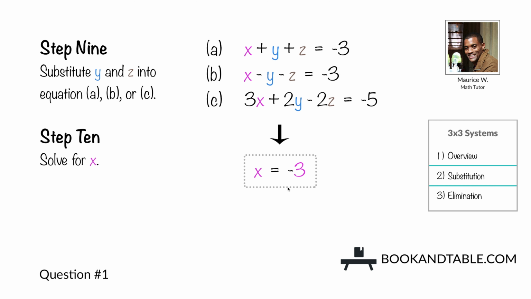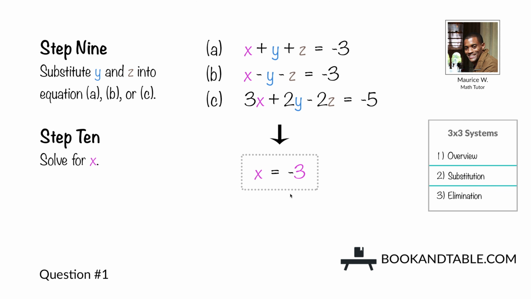If you substituted y and z into equation B instead, that would have given us x minus 1 minus negative 1. Minus negative 1 is positive 1, so that cancels out negative 1, leaving us with just x. So again, we get x is equal to negative 3.